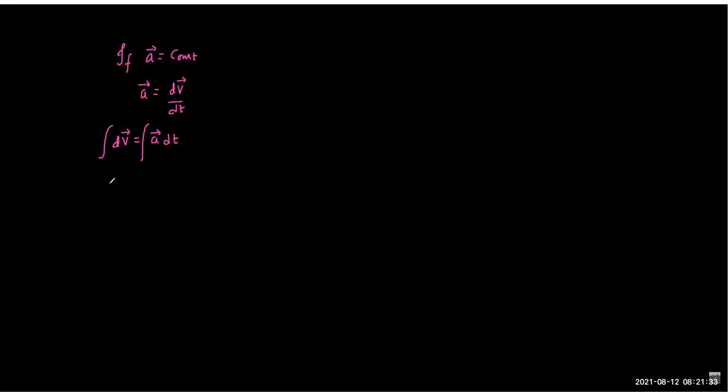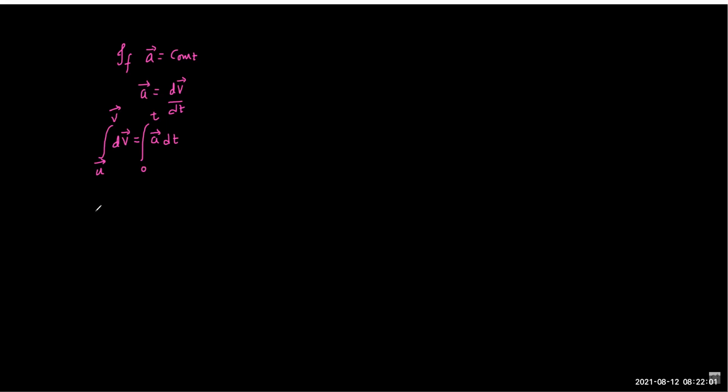So the dv vector integrates from the initial vector, u vector, to the final v vector. On the right hand side, the time will go from 0 to t. Now, because a is assumed to be constant, from the property of integration, any constant term we can bring out of the sign of integration.